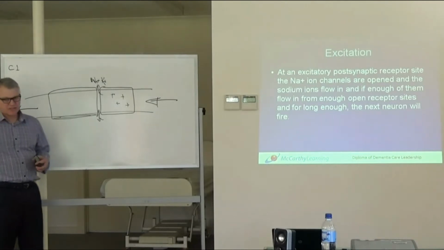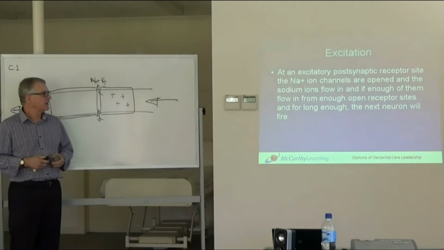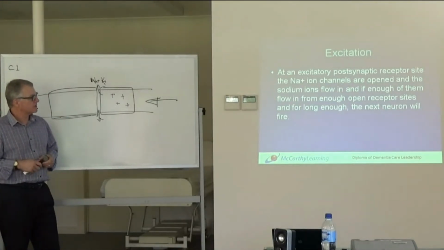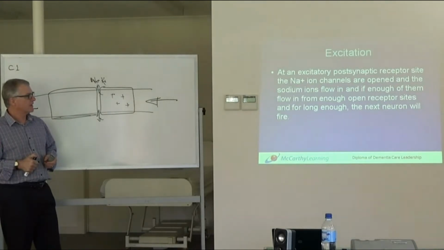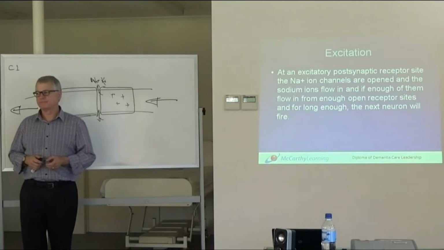At an excitatory receptor, in other words, one that is going to stimulate the next neuron to fire, the sodium channels are opened and the sodium ions flow in, and if enough of them flow in from enough open receptor sites for long enough, the next neuron will fire.